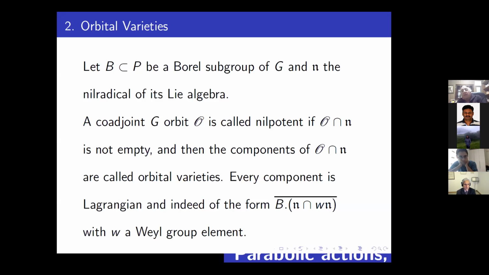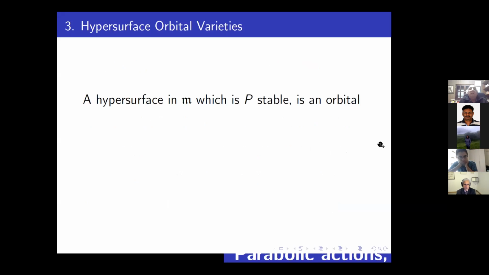So one of the questions you can ask, which we won't deal with in this lecture, is can you quantize this orbital variety? So now let's take a very special case of an orbital variety, which I call a hypersurface orbital variety.